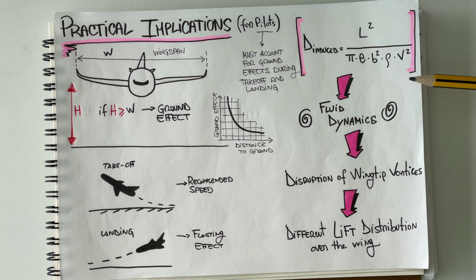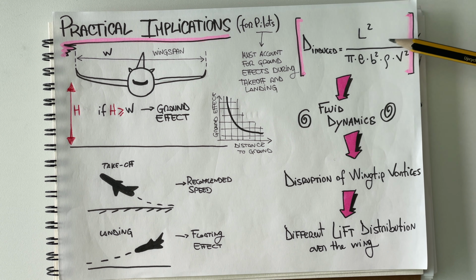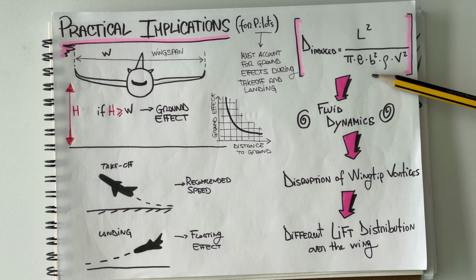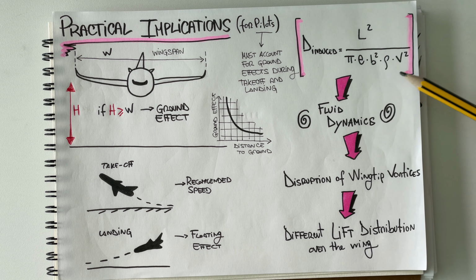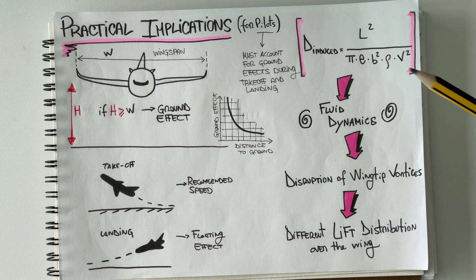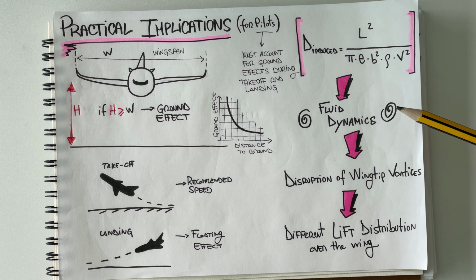If we look at the equation of the induced drag, we have lift over pi E, which is the Oswald coefficient, b, density and the velocity. E is the Oswald efficiency factor, and it goes up a little bit during the ground effect. Why?